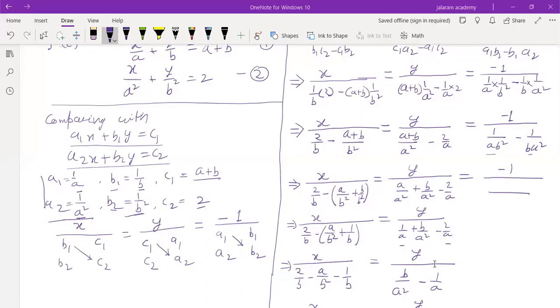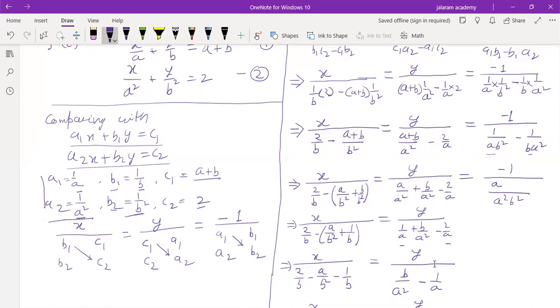Sir, a square b square. Yes, it is a square b square. And what will be the numerator of the first? 1 by ab square, a, a square b square, ba square minus ab a square.